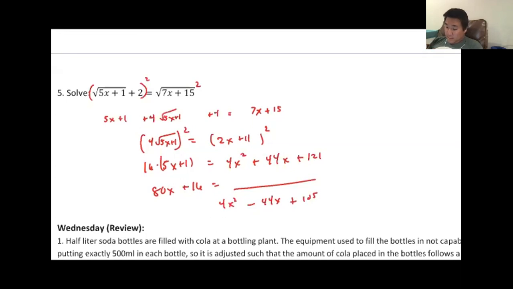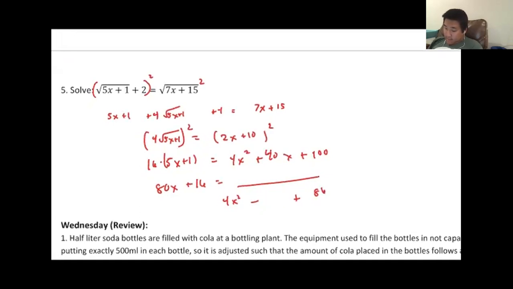This is a 10. And this is 100. And this is 20. Minus 16 is 86.